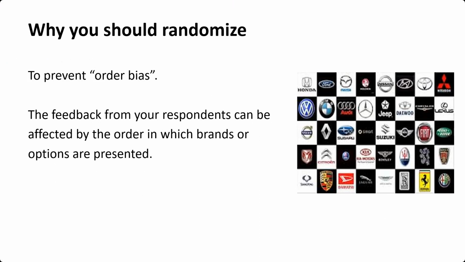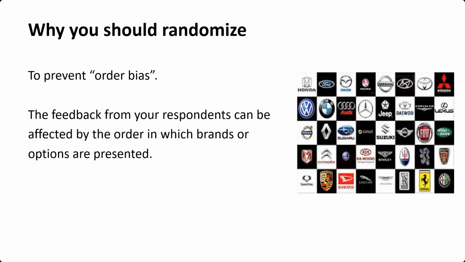Equally, when you ask for preferences, the first brands in that list very often function as a benchmark to which all other brands are compared. And all of that results in the order in which you present the list influencing the results.